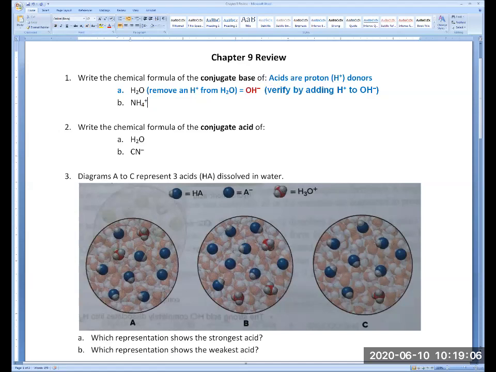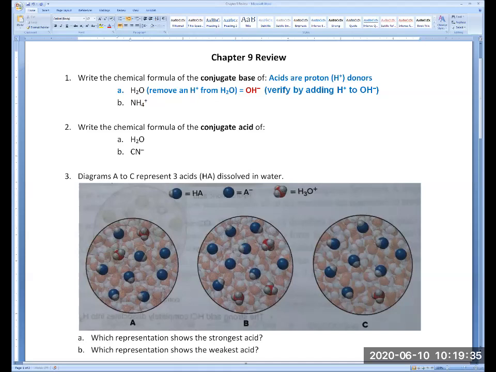Okay. So let's do the same with NH4+. What would you think is the conjugate base symbol for NH4+? Do the same: remove an H plus from NH4+ to get the conjugate base, because the conjugate base is obtained when the acid donates its proton. Yes.